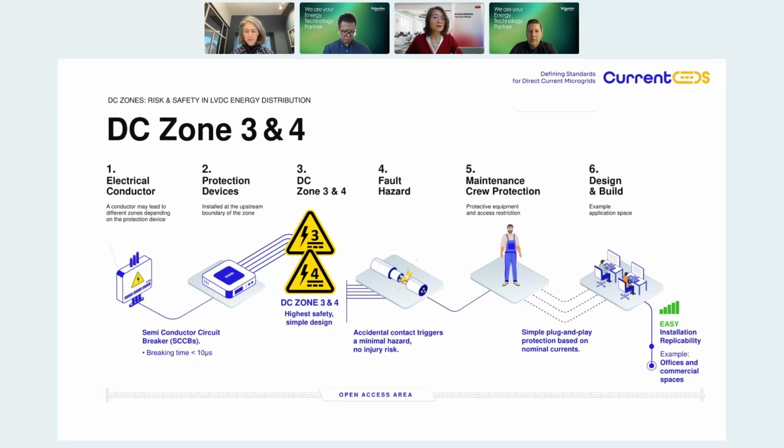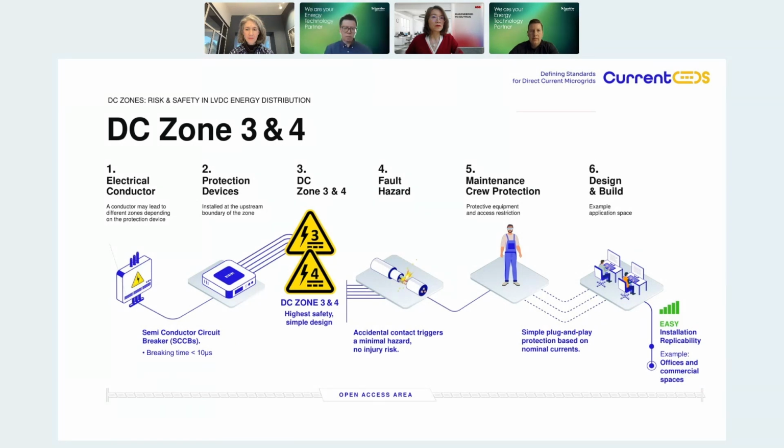And my last slide is on the DC zones 3 and 4. That is the area where CurrentOS is really focusing, and this is again a really low fault energy area where semiconductor circuit breakers are used with a typical break time of less than 10 microseconds. So if there is a fault, there will be a very small arc and there is no high incident energy involved.